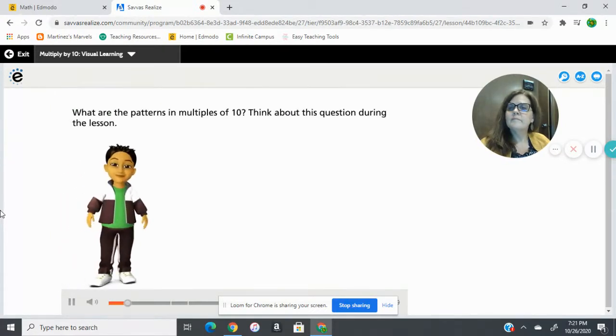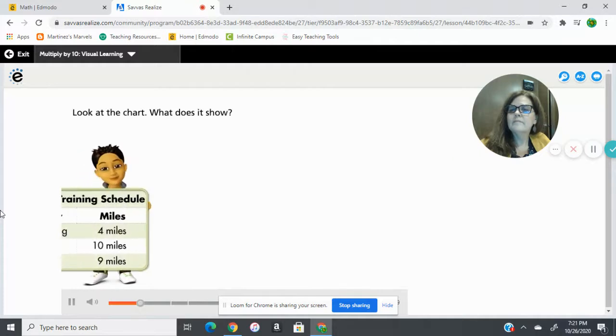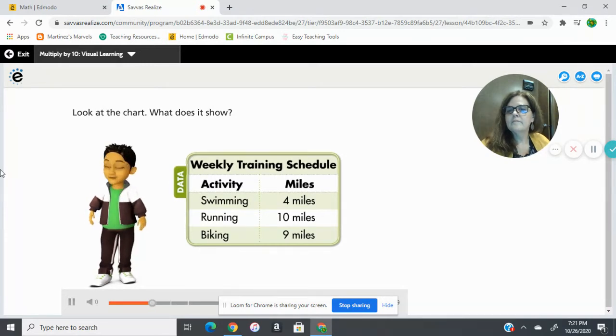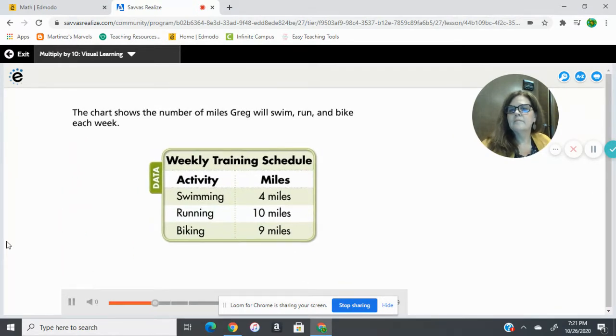What are the patterns in multiples of 10? Think about this question during the lesson. Look at the chart. What does it show? The chart shows the number of miles Greg will swim, run, and bike each week.